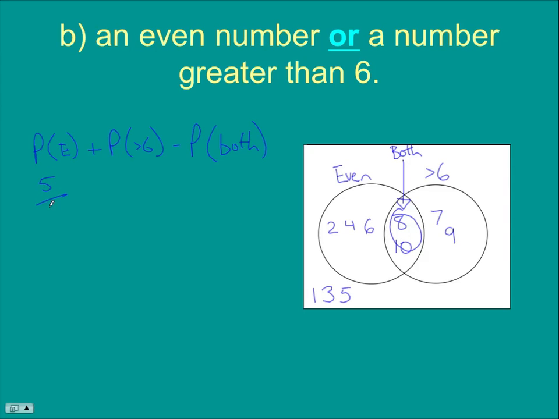So that's 5 out of 10. And then the probability of getting a number greater than 6 is 1, 2, 3, 4. So plus 4 out of 10. And then we subtract the probability of getting both, which we said was 2 out of 10. So 5 plus 4 is 9, minus 2 is 7. We get 7 out of 10, or 70%.